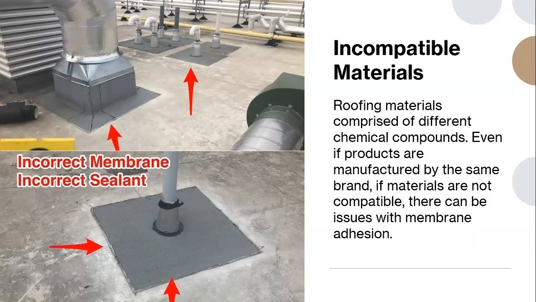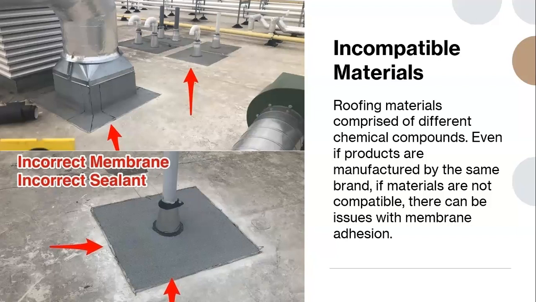Okay, so again, with the incompatibility situation, this particular case is something that we came across, another head scratcher. Not something that we see super often, but it can become an issue because of the lack of compatibility. As it says on the slide here, different roofing materials are made up of different chemical compounds. So if they're not working together, then you can have adhesion issues.